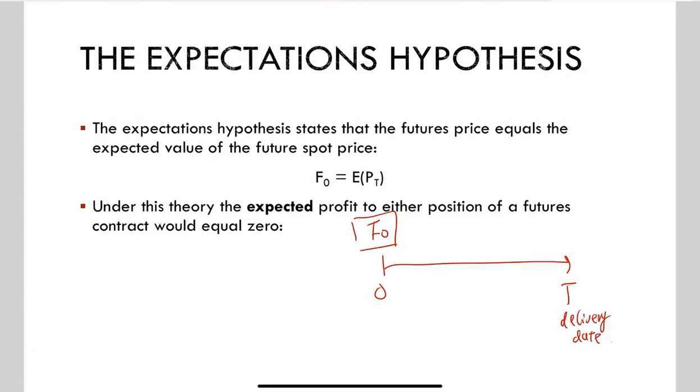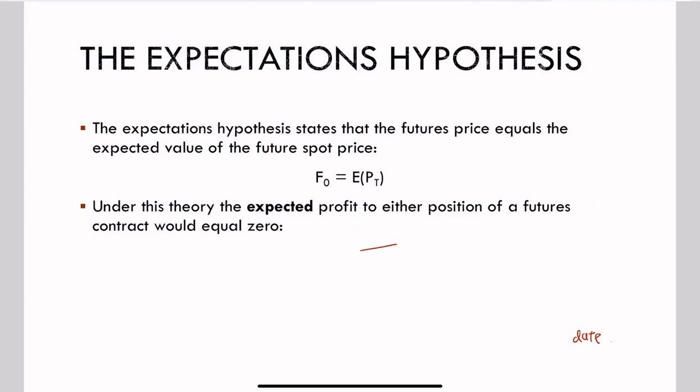And let's say the expected spot price on this delivery date is given by E(PT). The expectation hypothesis says that these two things should be the same. Clearly, this will give you a result on the expected profit.